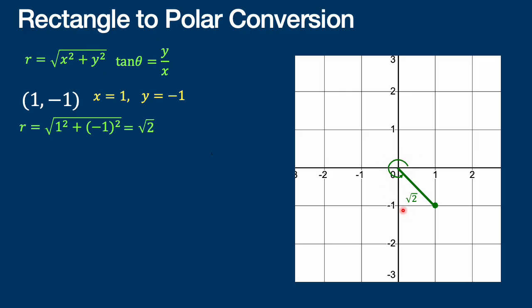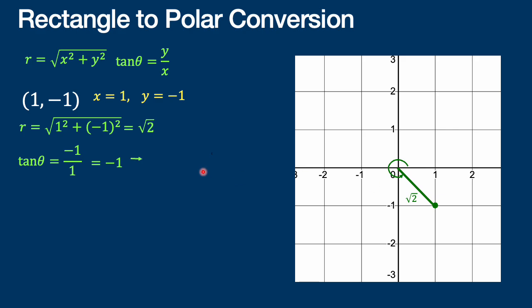When you find the angle, you have to be very careful. Tangent theta, guys. Tangent theta, y is -1, x equals 1, so tangent theta is -1. Theta is in the fourth quadrant, not the second quadrant. The tangent value is negative in quadrant 2 and quadrant 4, but our point is in quadrant 4.